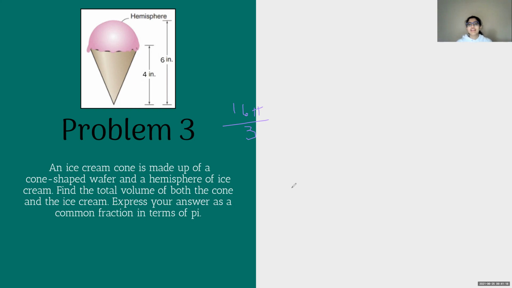To answer Charles' question, he said he did the volume of a hemisphere, but the volume for a hemisphere would be 2/3 pi r cubed, right? So r cubed would be 2 to the power of 3, which is 8, and then 2/3 times pi times 8 would be 16/3 pi.